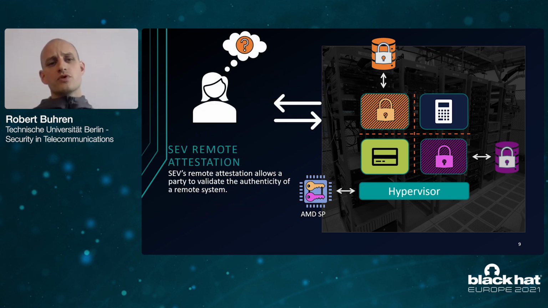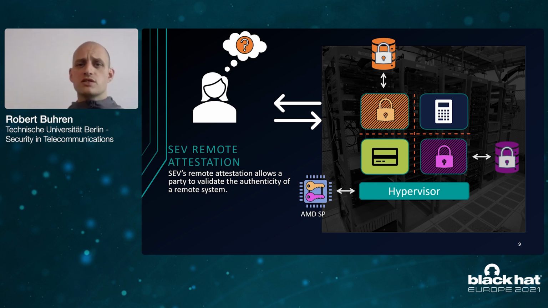Now, if you consider the remote system as not fully trustworthy, such as a cloud environment, for example, the SEV technology allows you to verify that your virtual machine was instantiated the way you specified it.